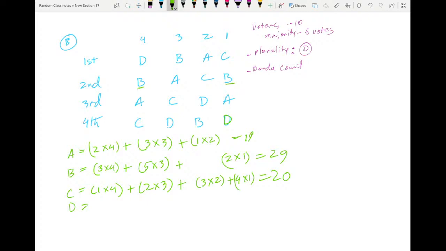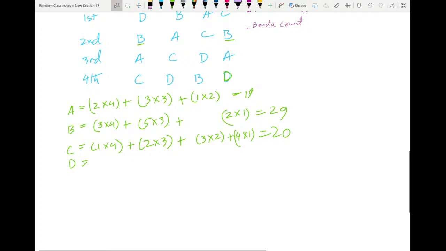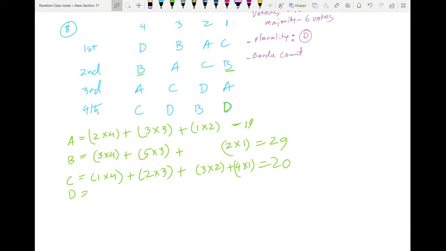Let's look at D. D would be, in this case, 4 first place votes, no second place votes, 2 third place votes, and then 4 last place votes. So let me add that. 24. On the Borda count, the winner is B. D is in second place.